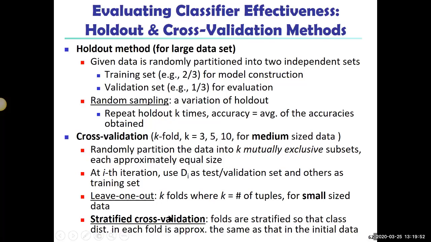You could also do stratified cross-validation, where you sample so that the class distribution in each fold is approximately the same as in the initial data. Where you have multi-class classification or unbalanced binary classification, this will ensure that the minority class gets sampled into your training examples. Questions?